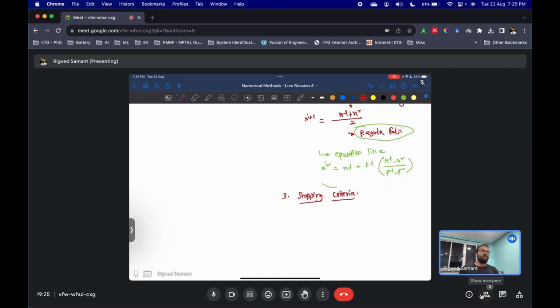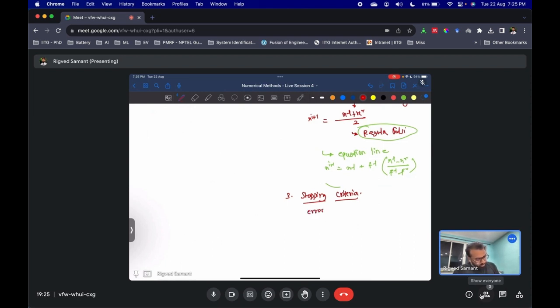So let's say you are interested in a very high accuracy, then you might go to the error less than 10 raised to minus 3, or it can also be written as 0.1%. So 0.1% is nothing but a 10 raised to minus 3 error. Otherwise you can say your accuracy till the 4th decimal or something.